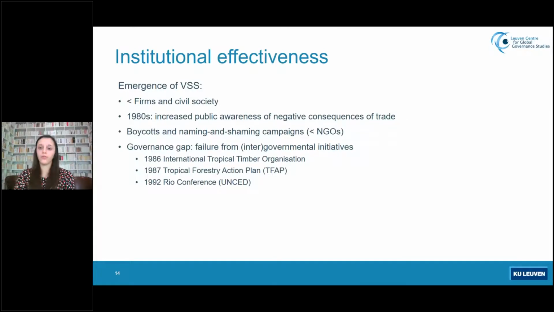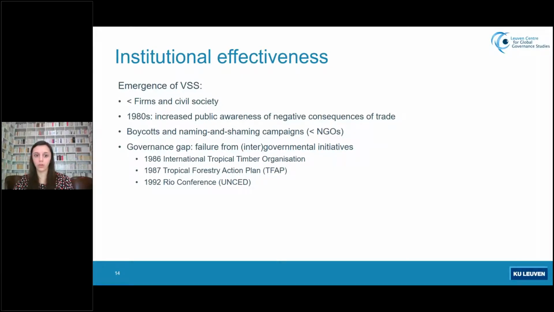These multiple failures by states to regulate are due to a lack of willingness from states, as well as from firms who lobby governments on industry regulations. But these failures are also sometimes due to a lack of capacity to enforce new regulations. In any case, these multiple failures to regulate created a governance gap.